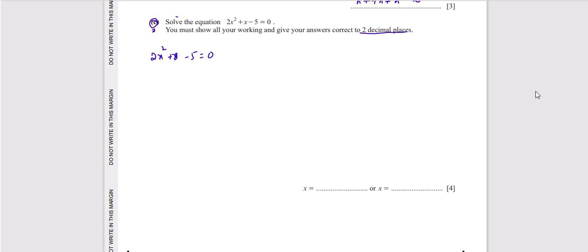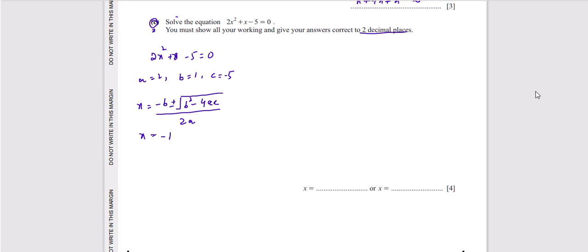Using the quadratic formula, a is equal to 2, b is equal to 1 and c is equal to minus 5. Using the quadratic formula, x is equal to minus b plus or minus the square root of b squared minus 4ac, over 2a.